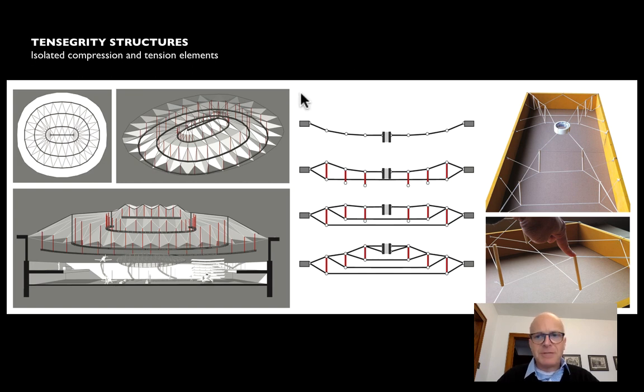Tensegrity structures are these kind of weird, almost uncanny looking things because it's very, very hard for our eyes to figure out where the load path is going.